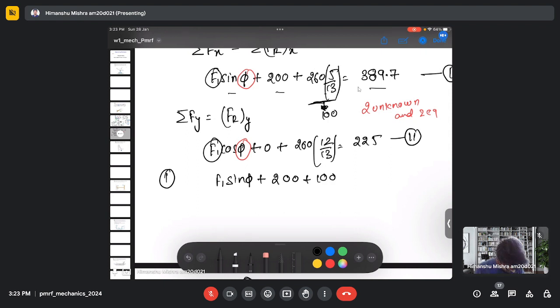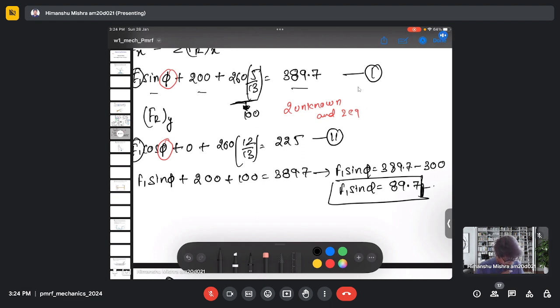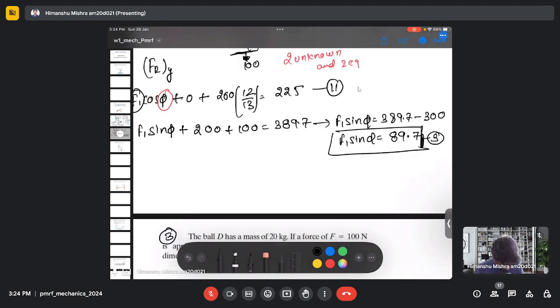So it will be 100 equal to 389.7. And on solving this, I will get F1 sine phi equals 389.7 minus 300, which is 89.7. So let's say this is equation number 3.